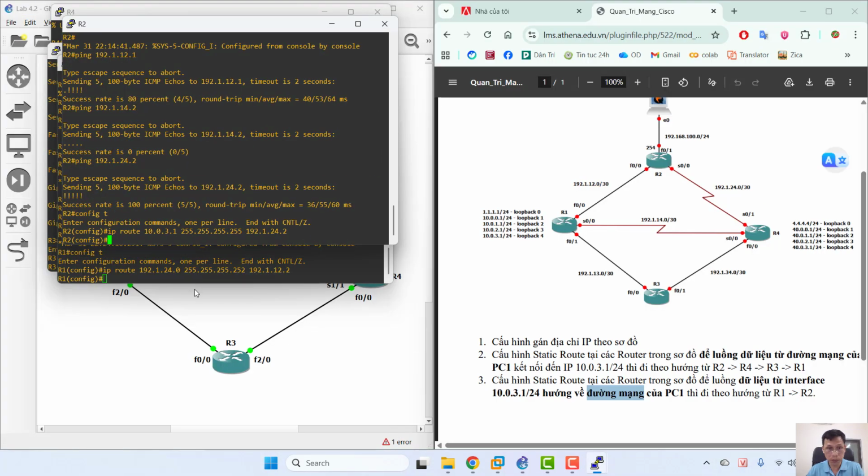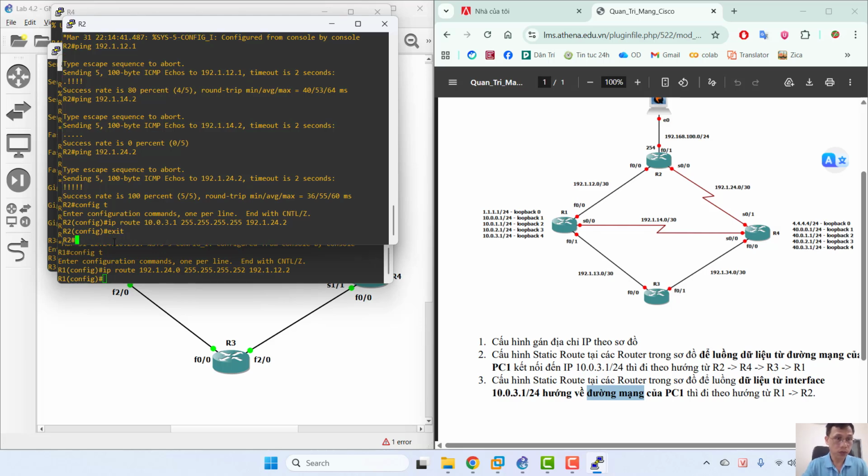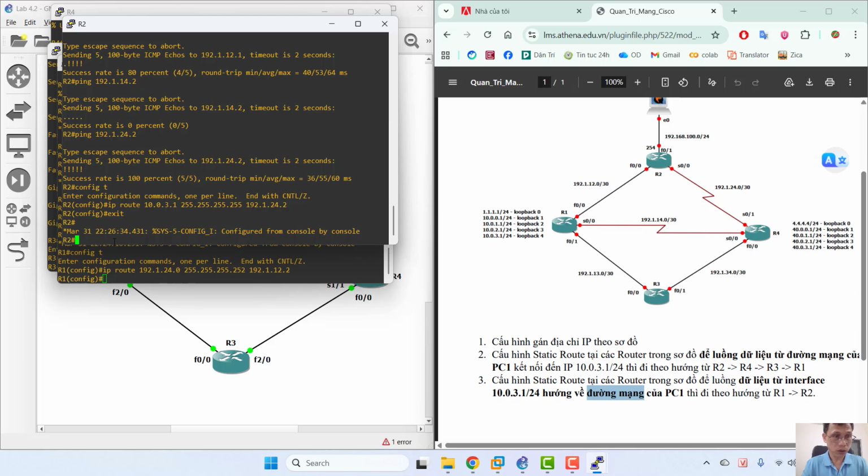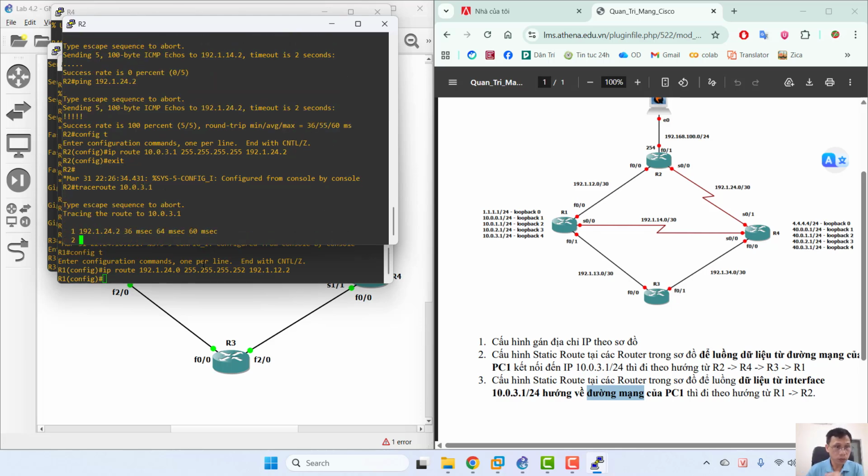Okay, now we check. Open router number 1, access. So traceroute 10.0.3.1.